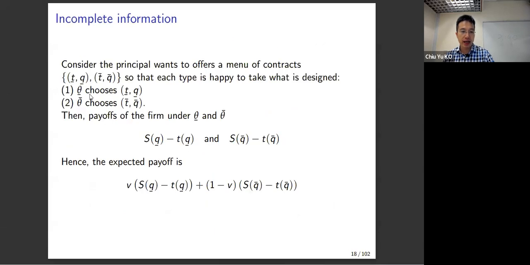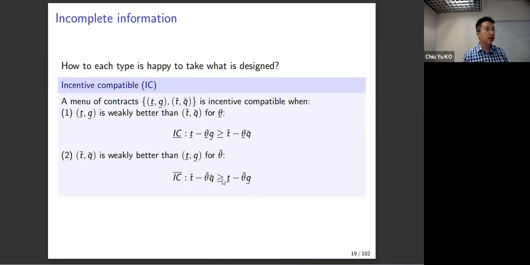The contract can be anything, but we can focus on these two contracts because they will accept this contract. We assume in the subgame they can implement this one. Why? Because T is continuous. We can make T slightly more by epsilon, then make this IC constraint strict, so that everything will be implemented as we want.